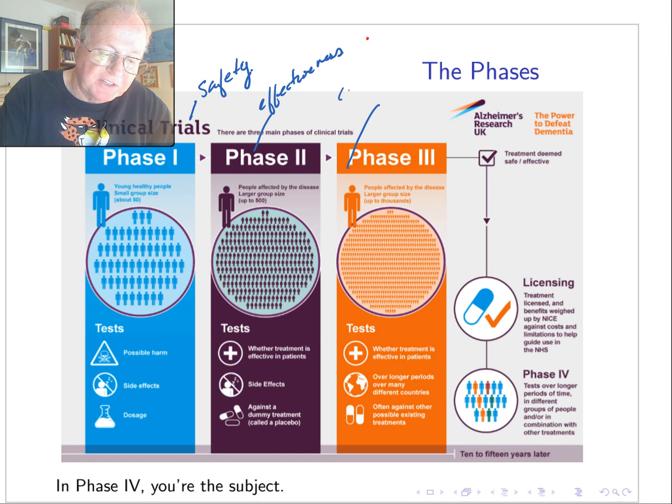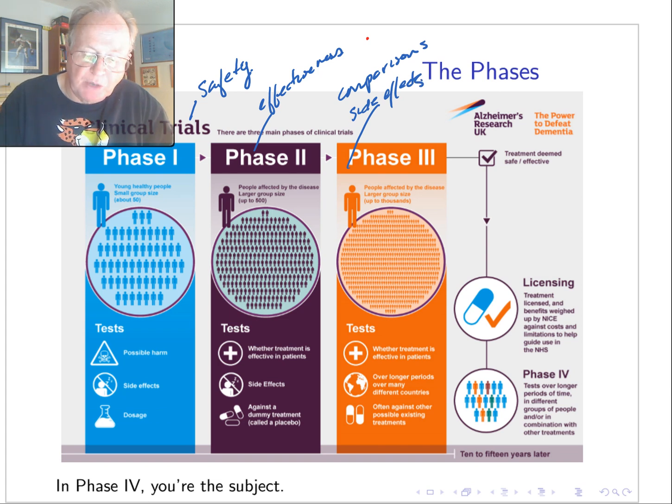Phase 3 is comparisons with other treatments and also testing for side effects. But of course, some side effects don't show up in the short term, and so that happens in phase 4, and so this is long term. In phase 4, the medication has actually been approved and released to the public. So in phase 4, you're the subject.